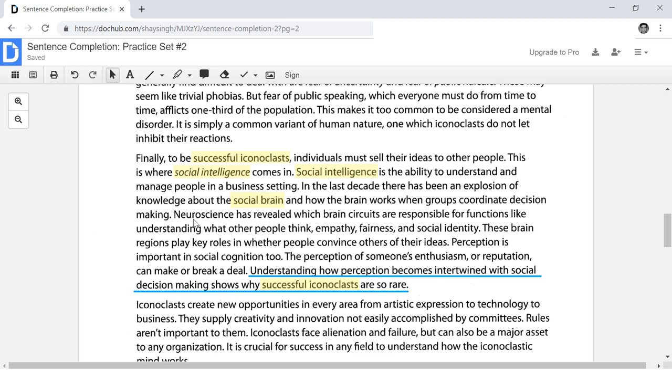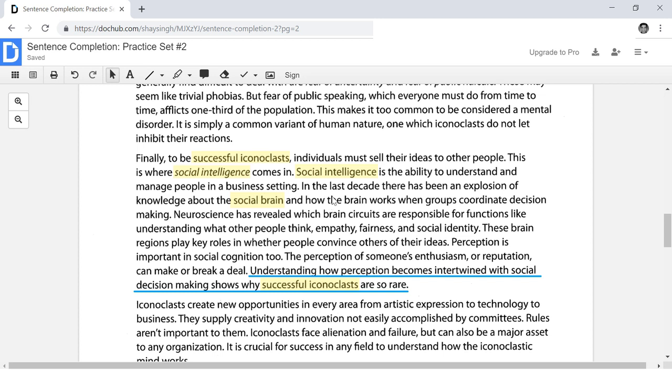Let's read on. Neuroscience has revealed which brain circuits are responsible for functions like understanding what other people think, empathy, fairness, and social identity. These brain regions play key roles in whether people convince others of their ideas. Okay, so here it's mentioning the importance of having a social brain. Why is it important?